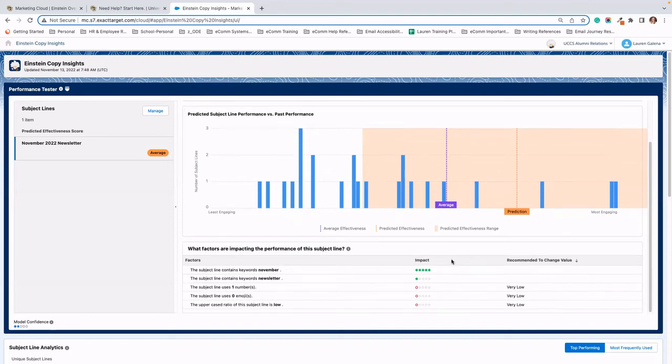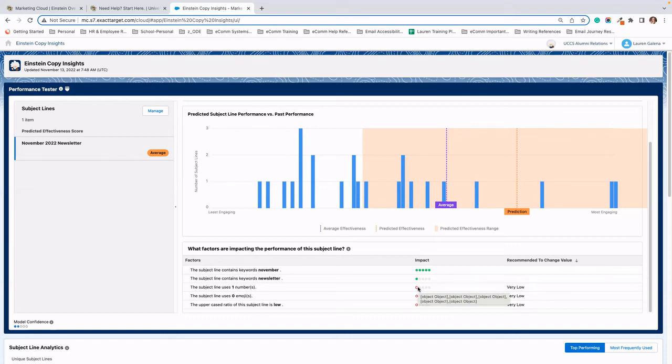And then down here, you can see what factors are impacting the performance of this subject line. The subject line contains November has a really high positive impact on predicted effectiveness versus these other factors, which are relatively low.